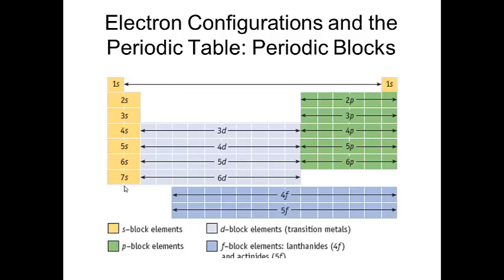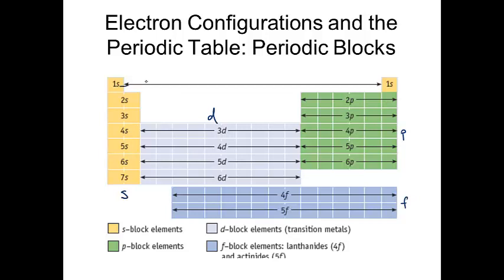Before that, let's look at our chart. The chart of how the periodic table corresponds to the electron configuration is: the s block is this block over on the left, the p block is this block on the right, the d block is in the middle of the transition metals, and the f block are the lanthanides and actinides.